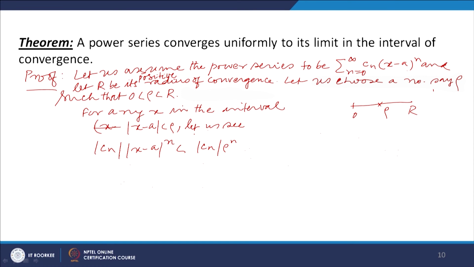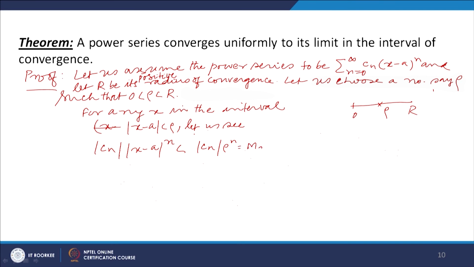Then we notice that the modulus of the nth term, mod of Cn mod of x minus a to the power n, for any x in the interval mod of x minus a less than rho, satisfies this inequality. This is less than mod of Cn into rho to the power n.